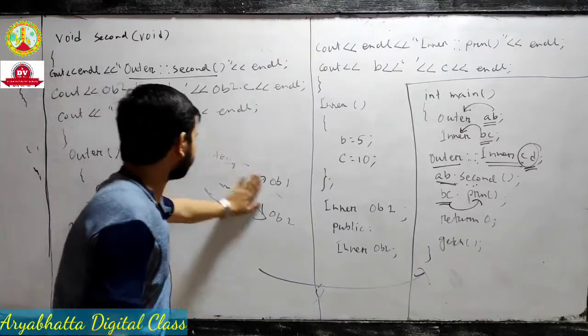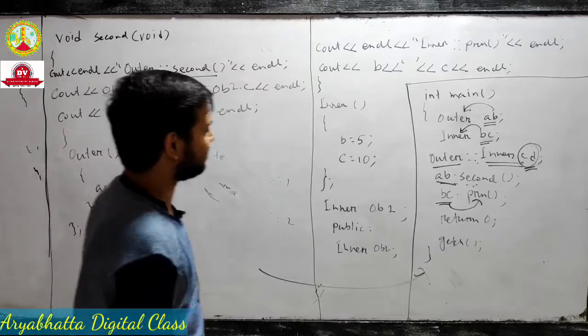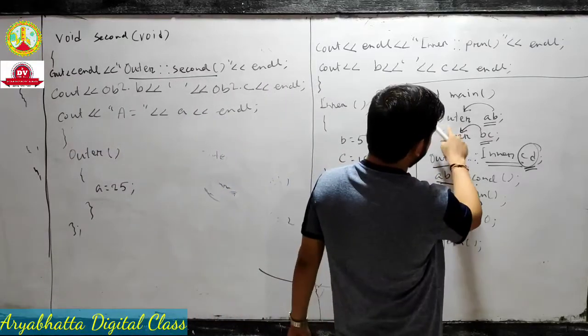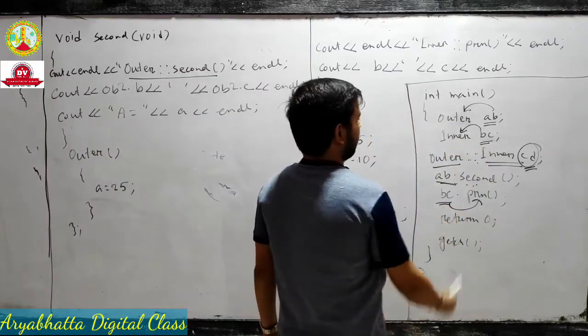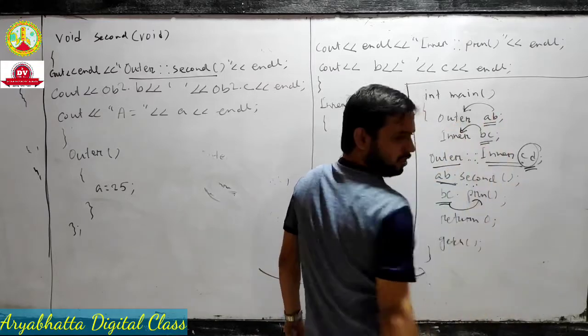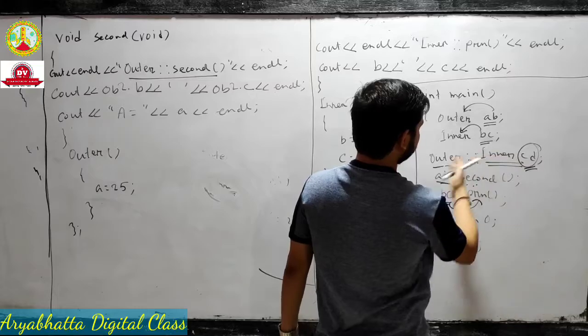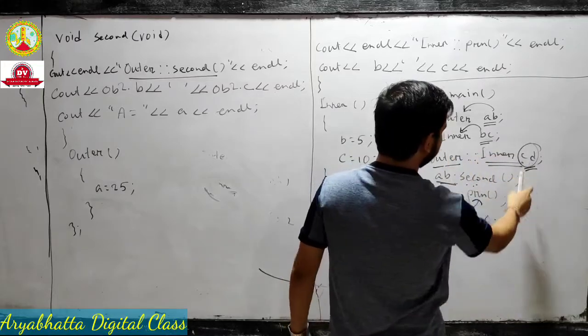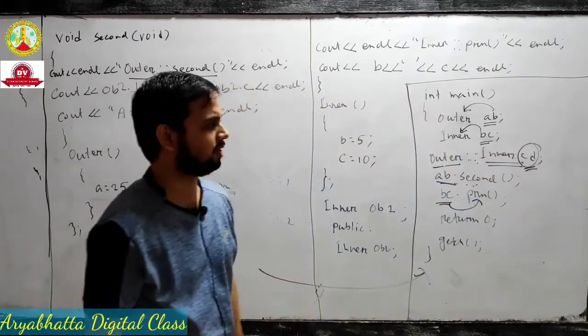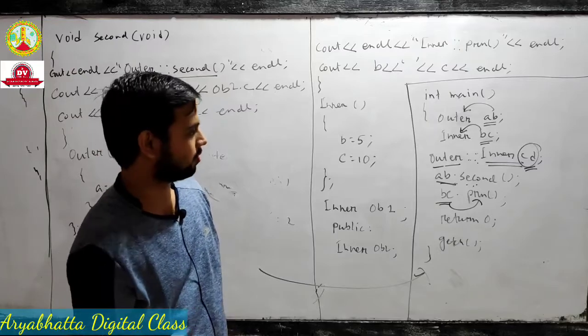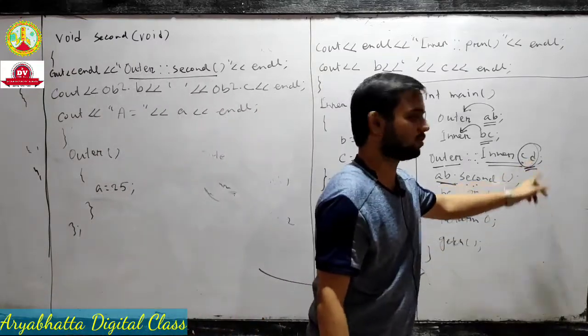Okay, this will be the concept. And last, you finally declare the object for the outer class. This is AB. And for the inner class this is BC, and for outer and inner both classes, one same object we have to declare, this is CD, meaning both classes will be accessible by CD. This is the common object.